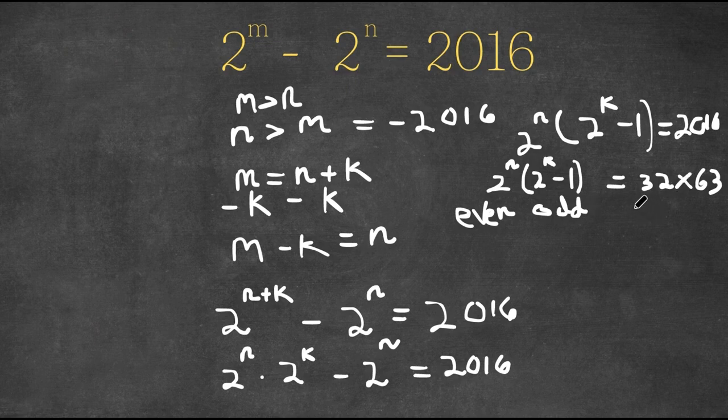Now 32 is an even number, so I'm going to write e for even, and 63 is odd. So meaning we could just say that 2 to the power of n is equal to 32, and 2 to the power of k minus 1 is equal to 63.